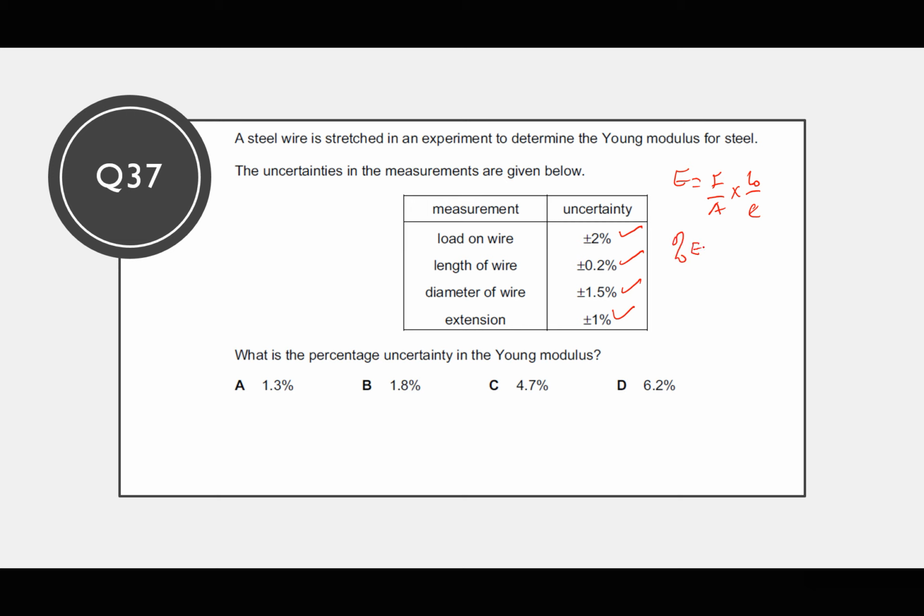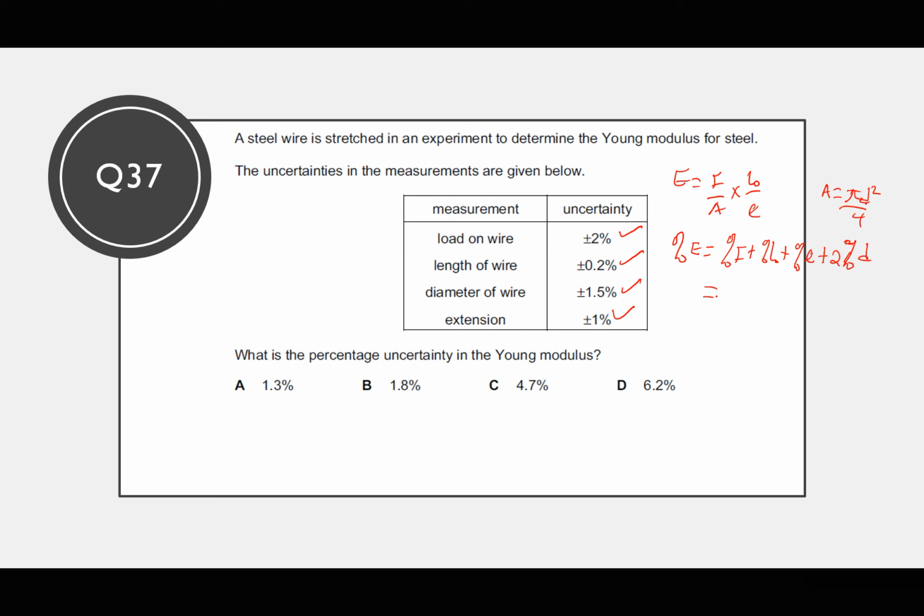So percentage in E is going to be equal to percentage in F plus percentage in L naught plus percentage in extension plus, now area, remember area is equal to pi d squared over 4. Pi, because it is division, it is in the denominator actually, so it is F over pi d squared over 4, and because it is division, we shall just add this times 2 percentage in D. So we just sum up.